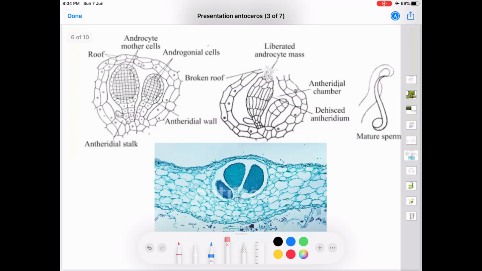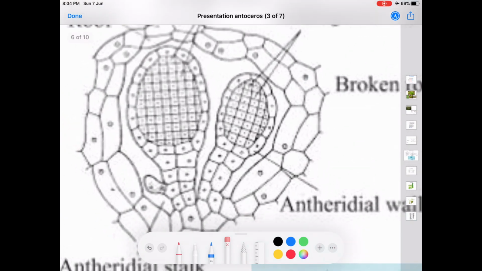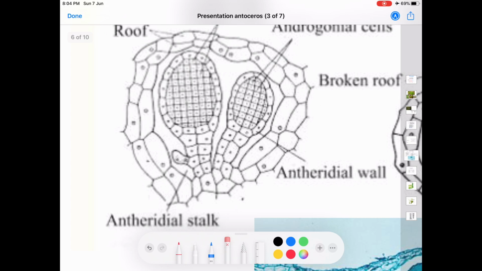Now, moving on to the structure of antheridium. Mature antheridium carries a stalk and a club-shaped body. See this. This is the stalk portion and this is the club-shaped body. The stalk attaches the antheridium to the base of antheridial chamber.